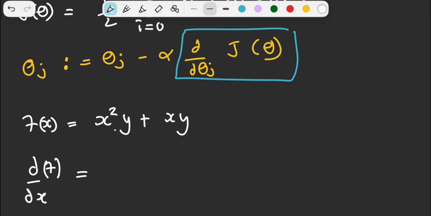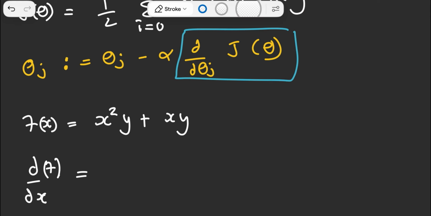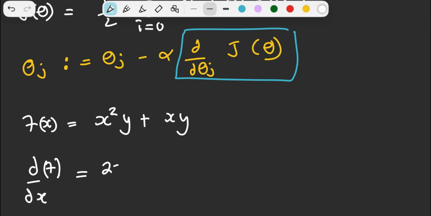So differentiating x squared y will basically be dropping that 2, so it's 2xy. Differentiating xy, treating y as a constant, gives just y. So this is what we call the partial derivative. It's the derivative of a function with respect to only one specific variable if it contains two or more variables.